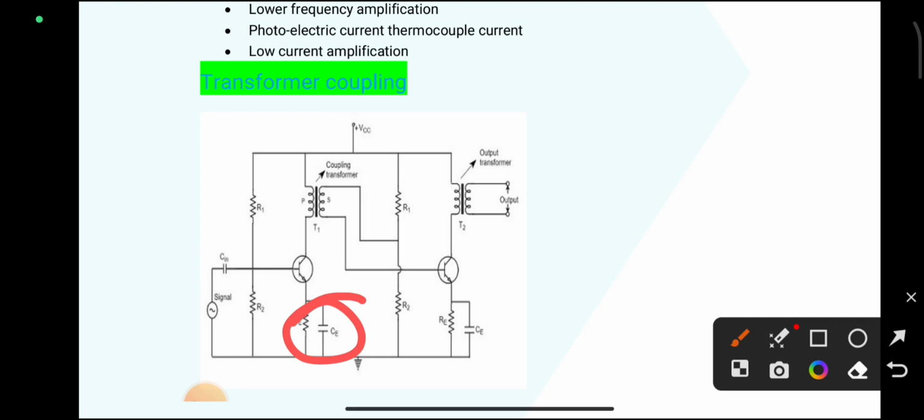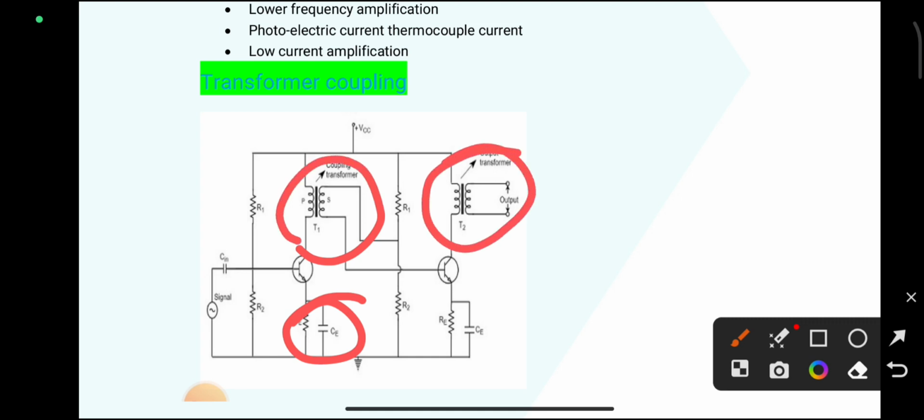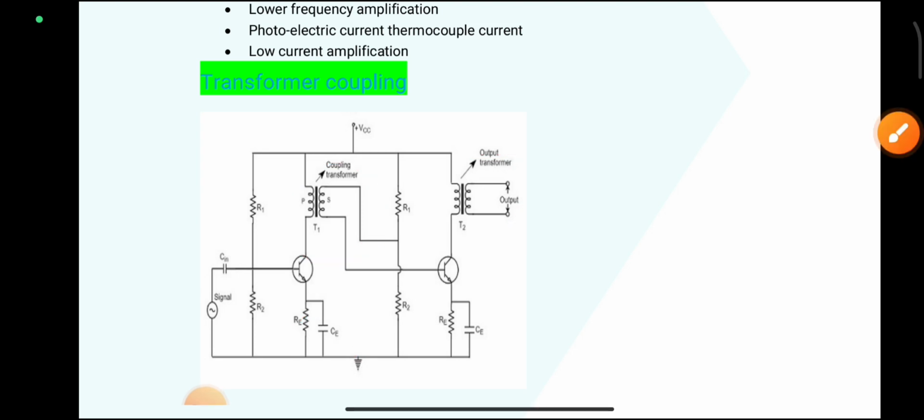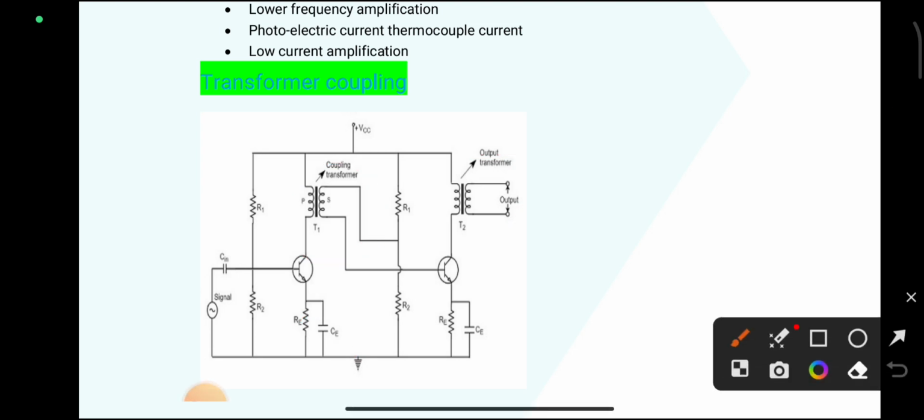Next, here we use the transformer to couple, or connect, the two stages. That's why it's called transformer coupling. Here the transformer T1 is connected at the output part of the first stage amplifier.